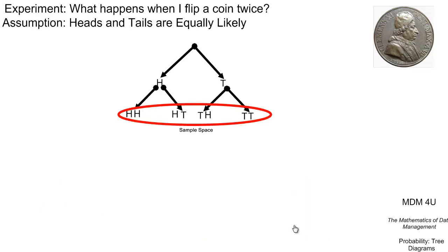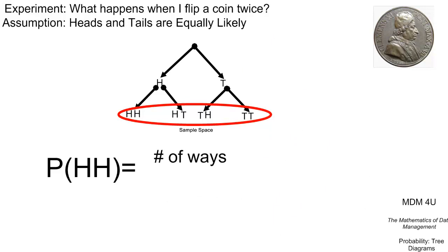Now, suppose I wanted to know the probability of getting two heads when I do this experiment. I symbolize it this way: a P representing my probability function, and then the outcome that I'm interested in, symbolized here by a head and a head. Now, the probability of getting a head and a head is actually the number of ways that I could get a head and a head divided by the total number of outcomes.